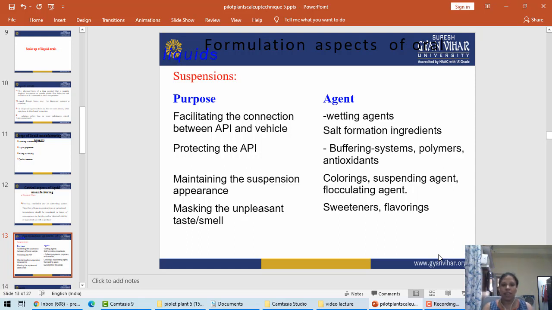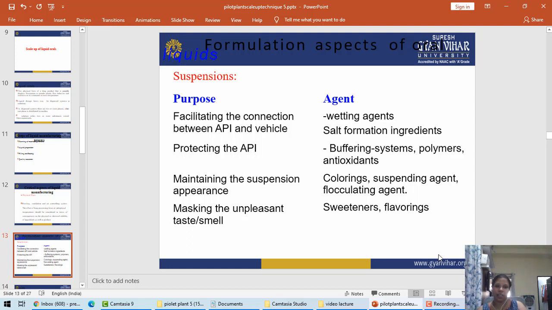The purpose is facilitating the connection between API and the vehicle, protecting the API, maintaining the suspension appearance, and masking of unpleasant taste and smells. Facilitating the connection between the API and vehicle is done by the wetting agent. Salt formation acts by forming the salt with the ingredient.